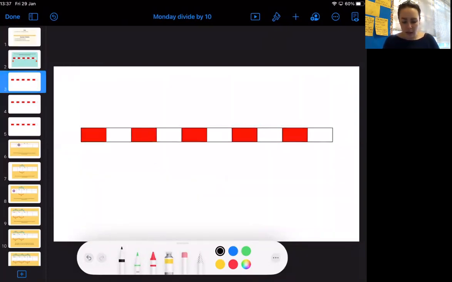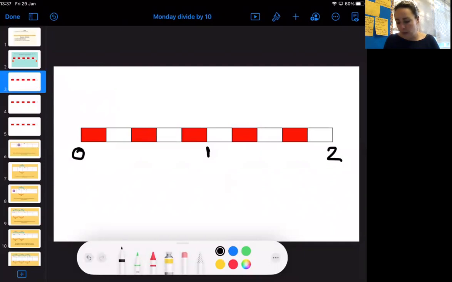Let's have a look at a counting stick, but it's counting in something different this time. What happens if my counting stick starts at 0 and it ends in 2? Pause the video and have a go at drawing this and see if you can work out what the midpoint is and what the decimals are in between. Pause it now. Let's have a look.